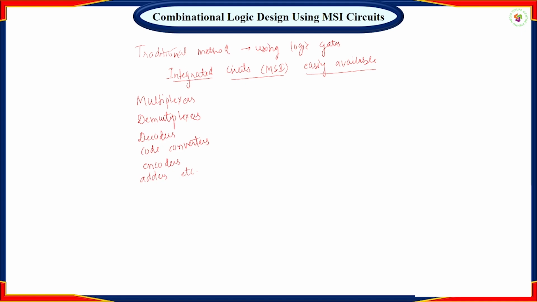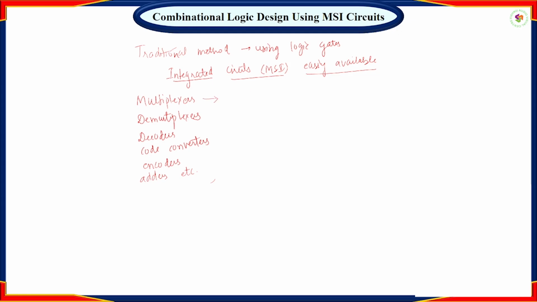These circuits are familiar with all the functions to be performed, and they are available, but the limitation of the device is to make an effective and optimum set of such devices. So let us see the first one, which is the multiplexer.